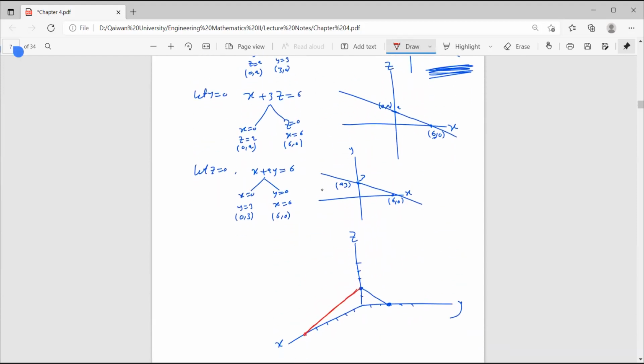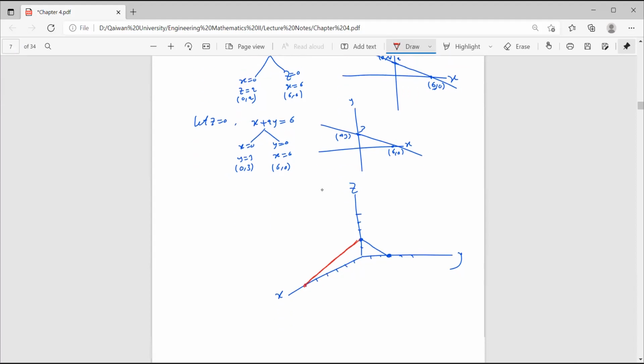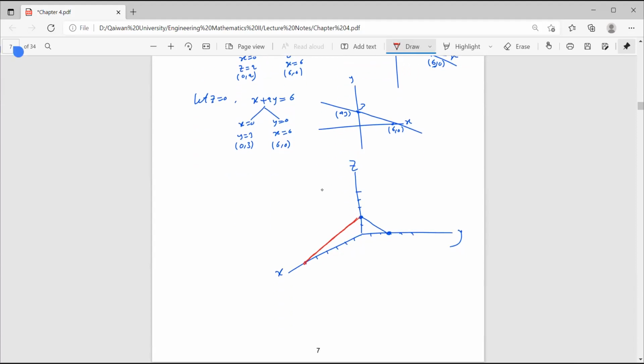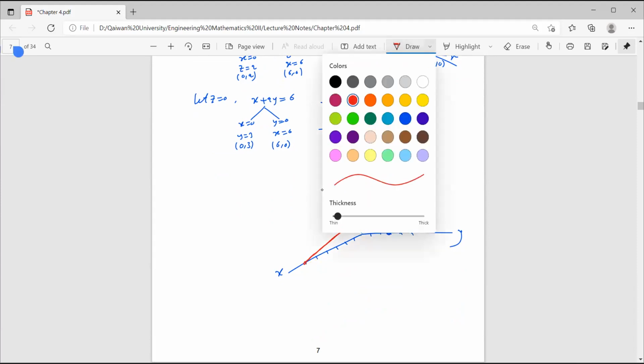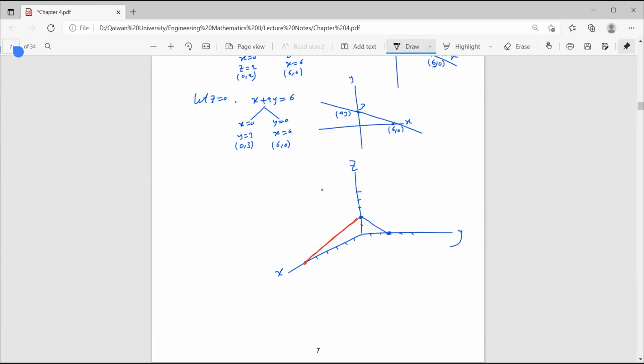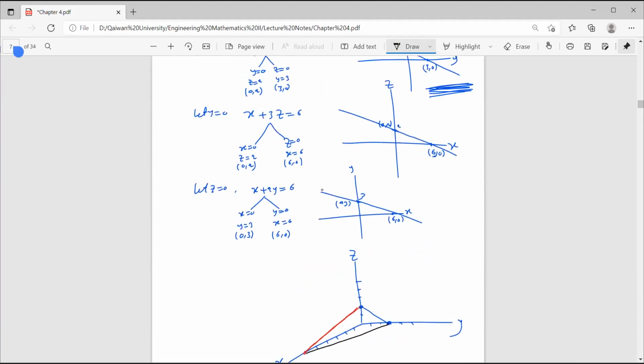And we have a graph between X and Y. It intersects Y at 3 and X at 6. So it's from 3 here to 6 here. Let me use another color. That's it. That means this is the graph of this function, this plane on R3.